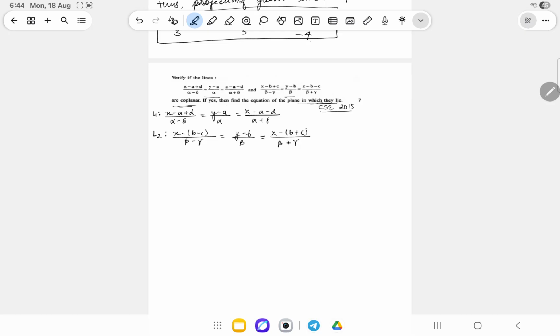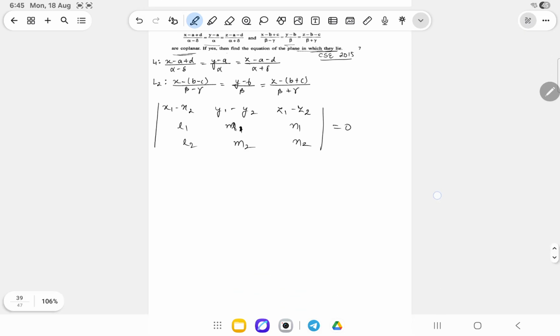So we have a direct formula to check coplanarity of two lines. If two lines are coplanar, then the determinant with rows x1 minus x2, y1 minus y2, z1 minus z2; L1, M1, N1; L2, M2, N2 must be equal to 0, where x1, y1, z1 is a point via which line L1 is passing, and x2, y2, z2 is a point via which line L2 is passing, and L1, M1, N1 are direction cosines of line L1, and likewise L2, M2, N2 are direction cosines of line L2.